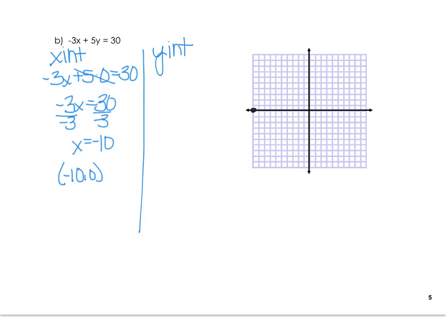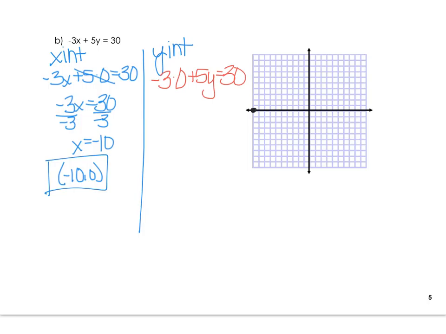And then let's go ahead and find our y-intercept. Finding the y-intercept means that every other letter besides the y turns into a 0. So negative 3, in x, so that becomes a 0, plus 5y equals 30.